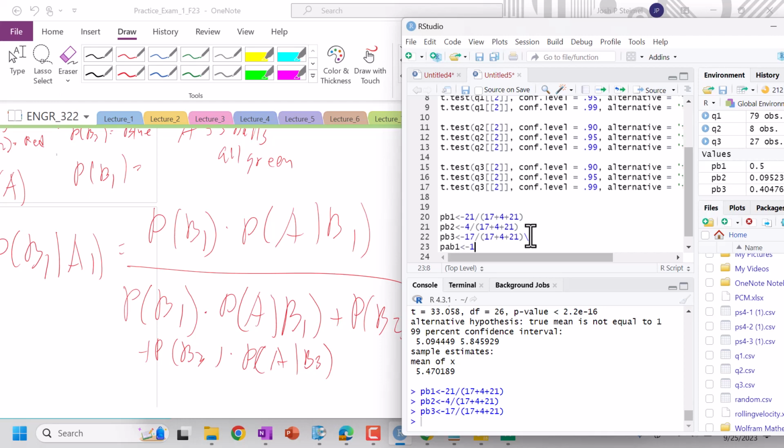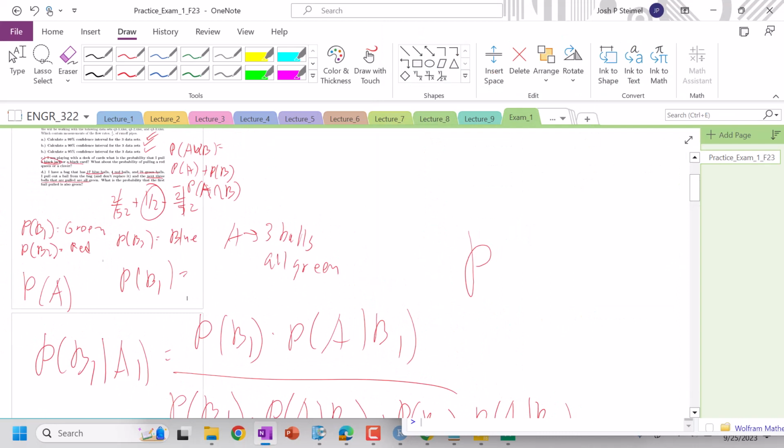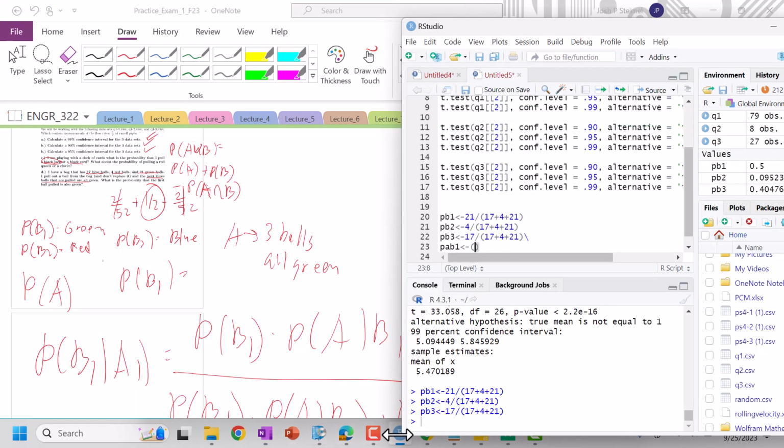What is the probability that, given the first ball, the next 3 balls pulled are all green as well? Let's go ahead and calculate that out.